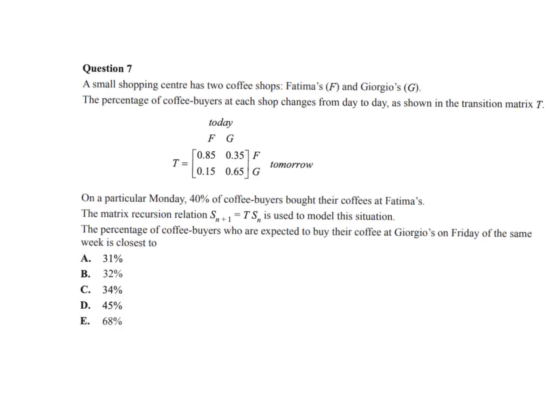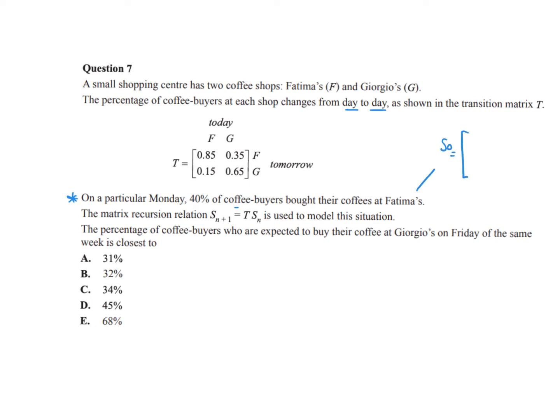Okay, a small shopping centre has 2 coffee shops, F and G. The percentage of coffee buyers at each shop changes from day to day using the transition. So the state is a day-to-day state. On a particular Monday, 40% of coffee buyers bought their coffees at Fatima's, or at F. So here they're really helping you set up the initial state matrix.